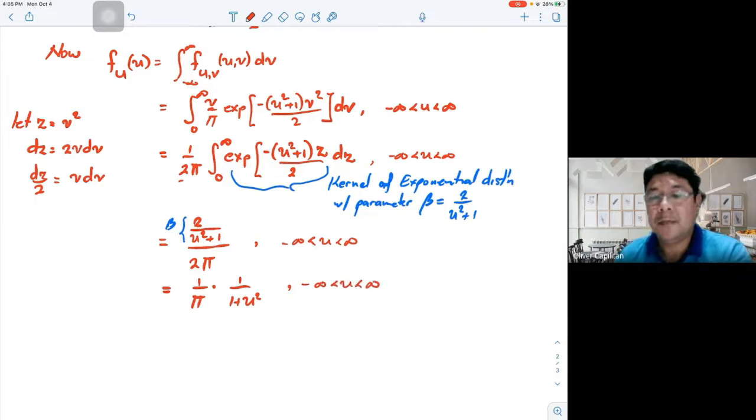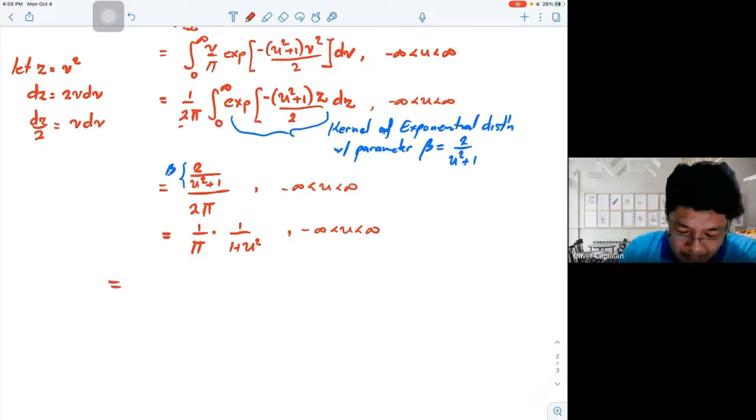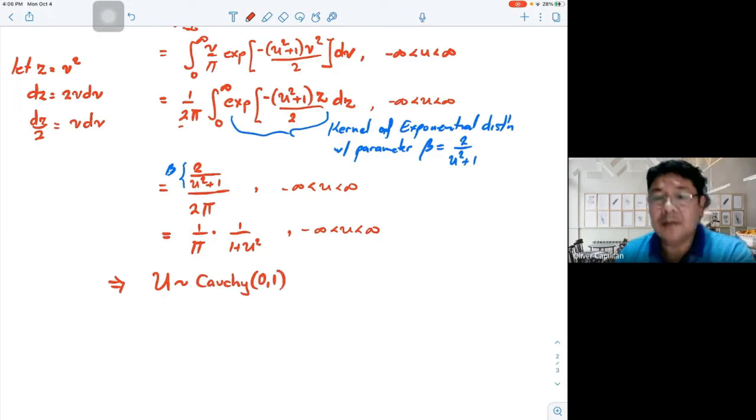Okay, so this is now the marginal probability distribution function for u. And you can verify that this random variable u has a Cauchy distribution. Standard distribution pa rin yan, 0 and 1.